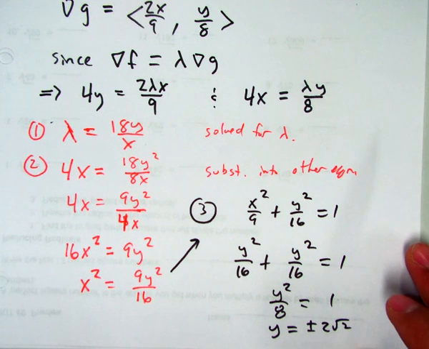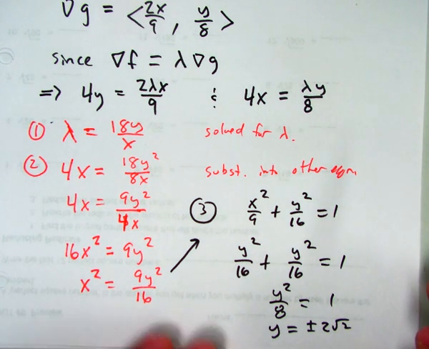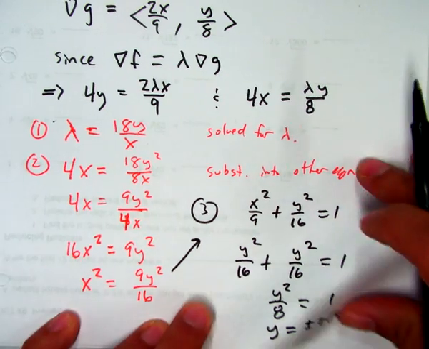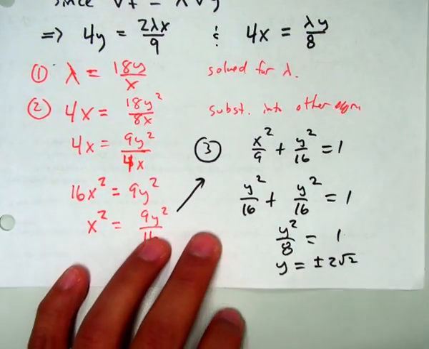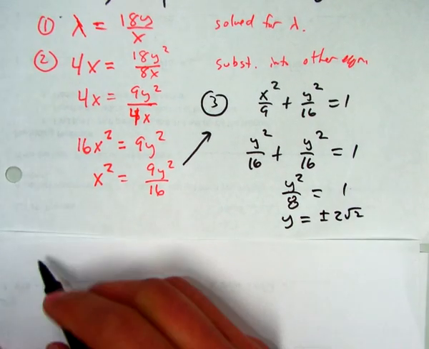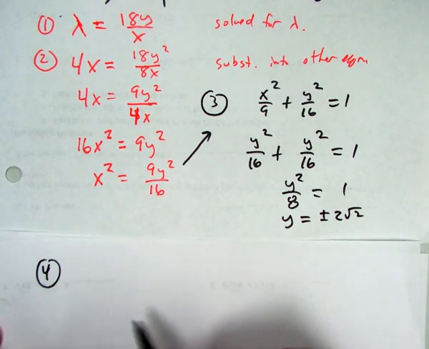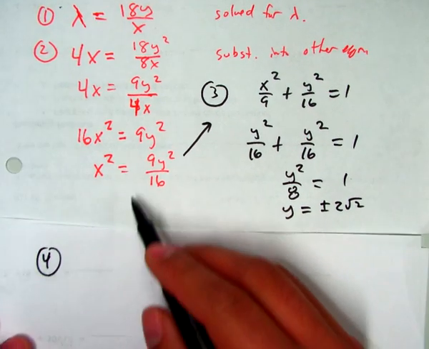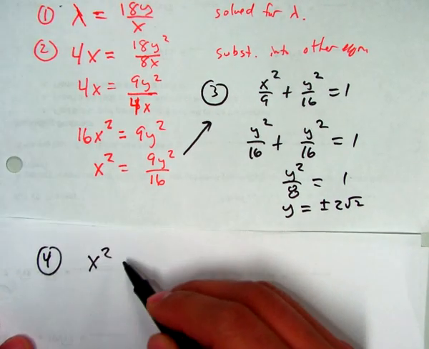All right, so we're trying to find max area, although technically it's not going to matter because those are just the coordinates of the points. But let's go now figure out x. Let's see, x squared from right here is 9y squared over 16.